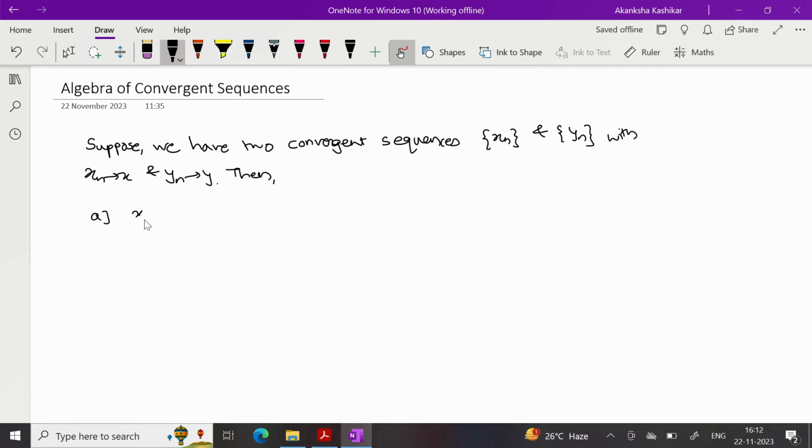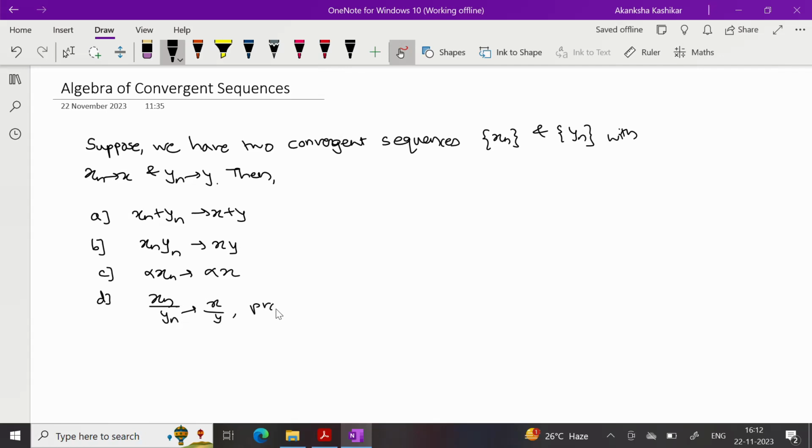Then xn plus yn converges to x plus y, xn into yn converges to x into y, alpha xn converges to alpha x, and xn by yn converges to x by y, provided yn is not equal to 0 and y is also not equal to 0.